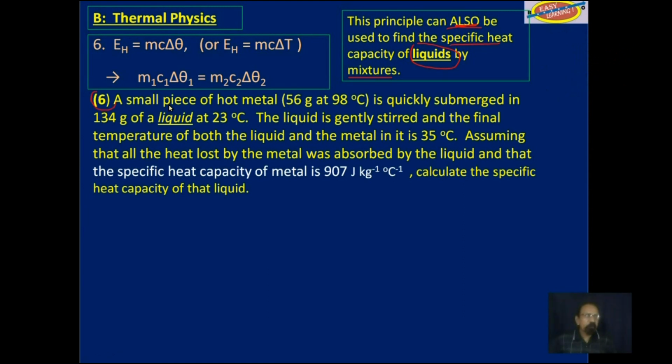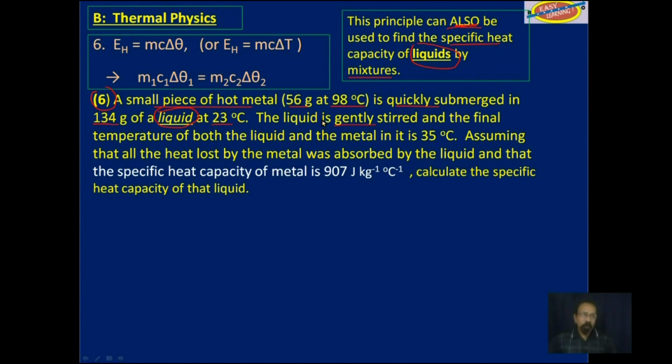Question 6. A small piece of hot metal, so the metal is 56 grams and its temperature is 98 degrees Celsius, is quickly submerged in 134 grams of liquid. Now notice I didn't say water this time. A liquid, whatever that liquid may be, and the temperature of that liquid is 23 degrees Celsius.